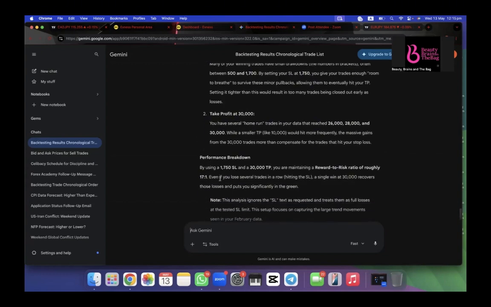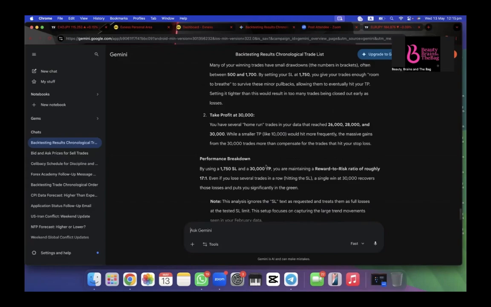So it's telling me the best stop loss and the distance. Basically, if I use these two combos, I'm going to win more than trying to catch those smaller moves. So add smaller TP targets in between.